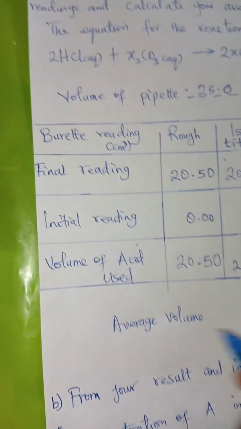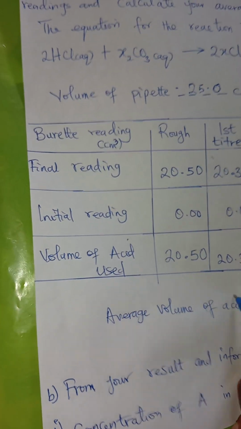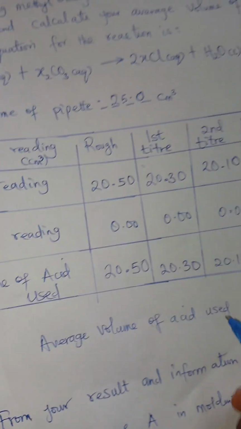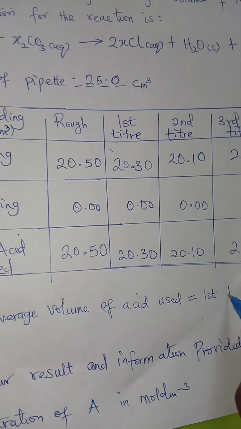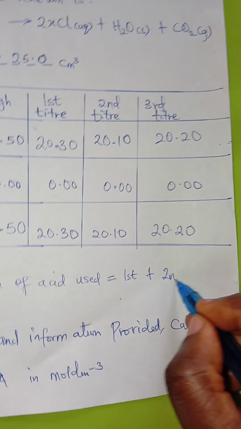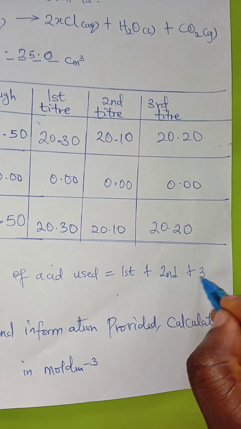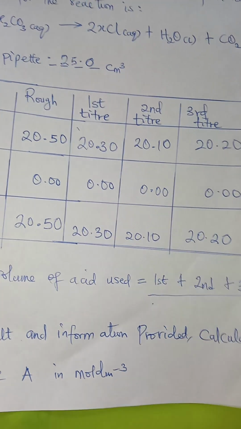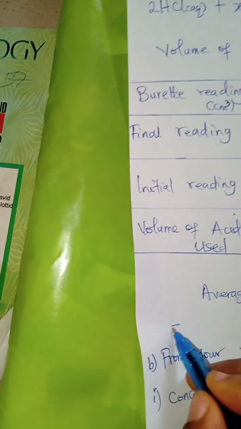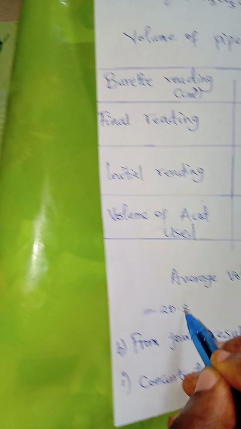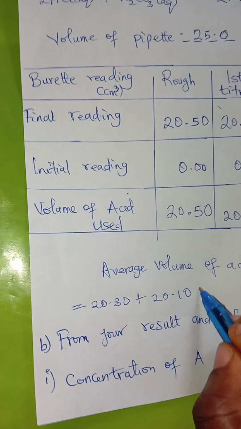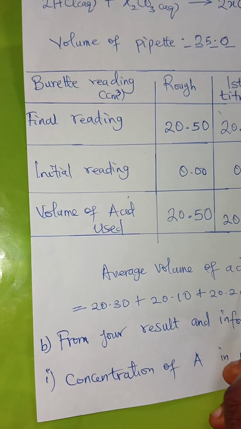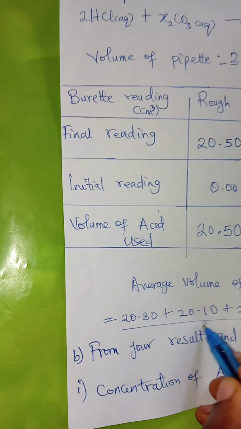It will be my first plus my second plus my third, all over 3. So my first value there is 20.30 plus 20.10 plus 20.20, all over 3.